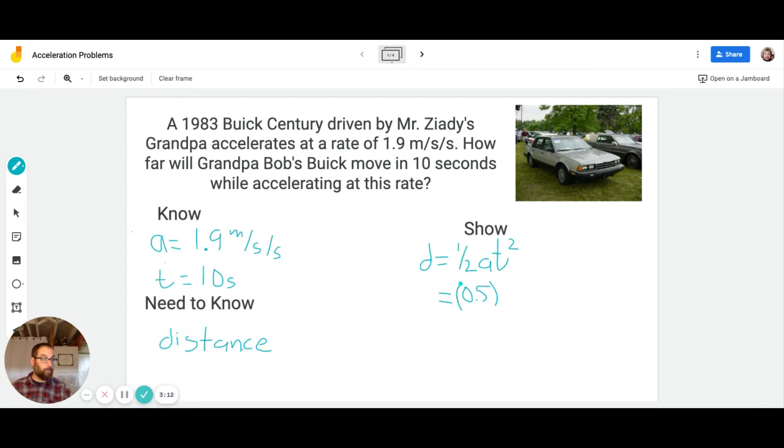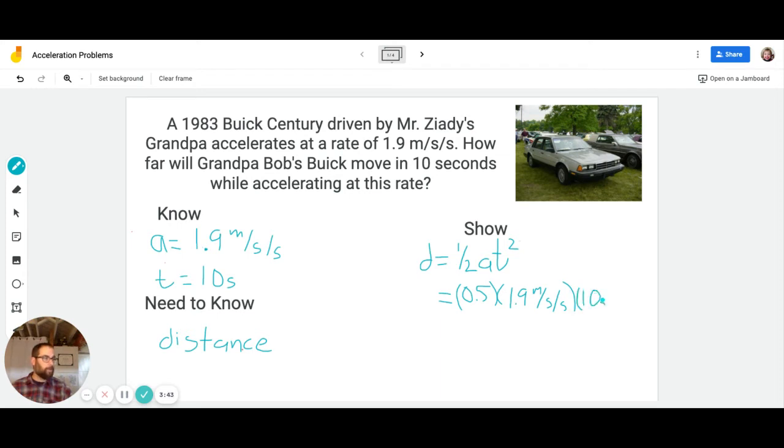Okay, so 0.5 multiplied by the acceleration, 1.9 meters per second per second, and I'm including the units as I do this. It's good, best practice when solving a problem like this. Multiplied by the time squared. Instead of writing 10 seconds squared, I'm going to write 10 seconds multiplied by 10 seconds, because that's what squared means, the number multiplied by itself.